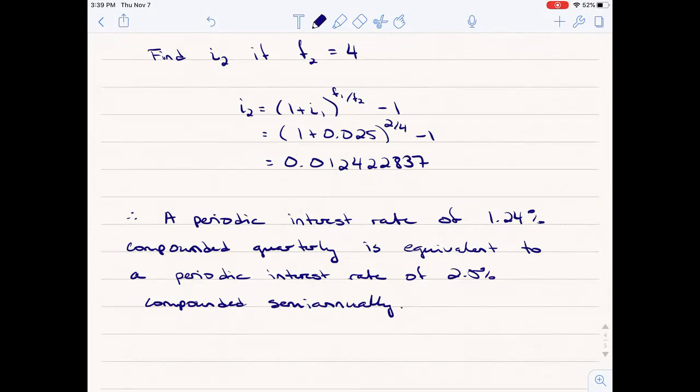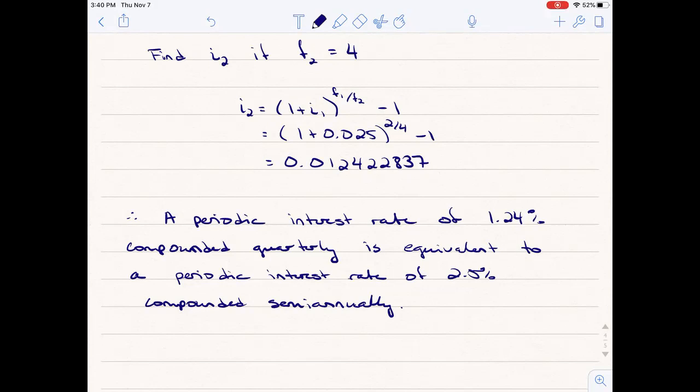Or we could have said 1.24 times 4 and then compared it to 5. So F1 is not the original then? F1 is the original compounding frequency, and F2 is the new compounding frequency.